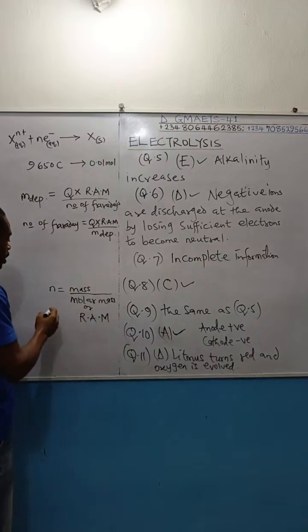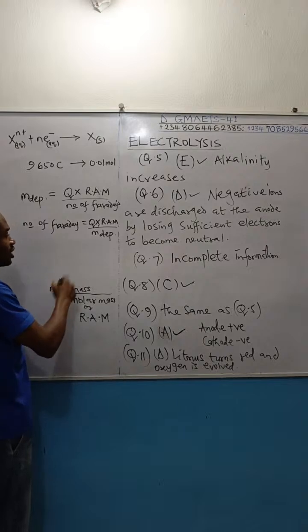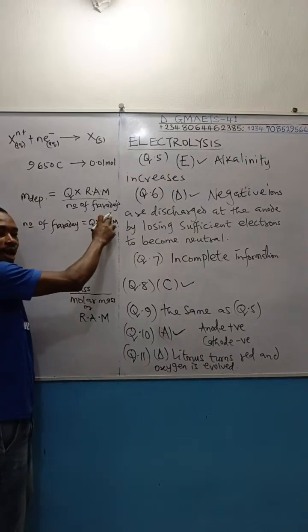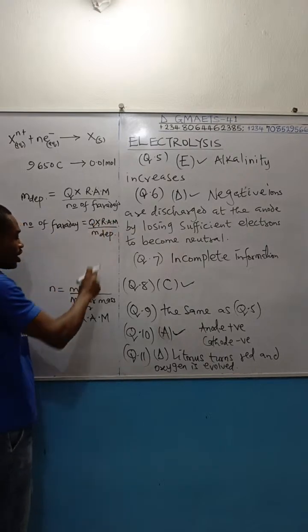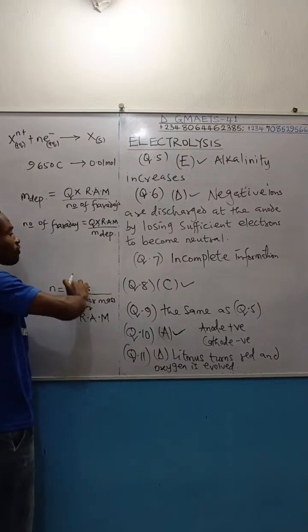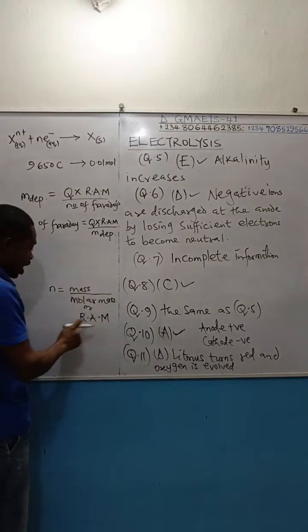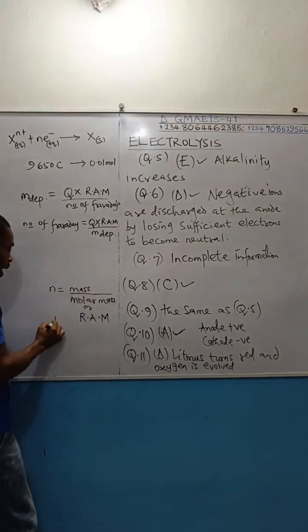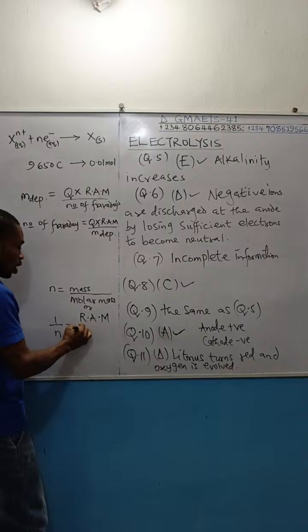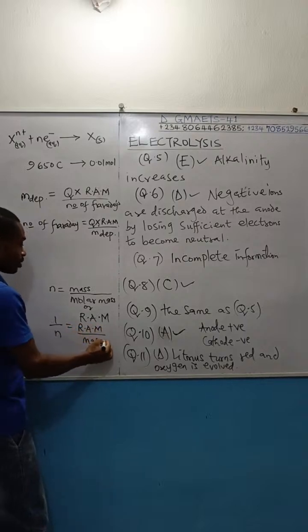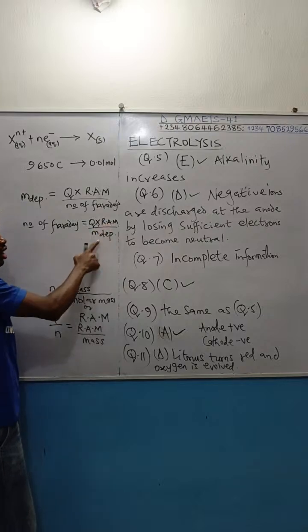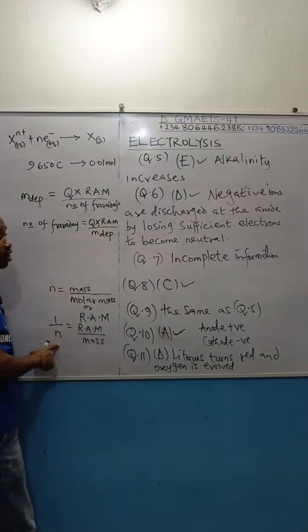So watch. If number of moles is mass over relative atomic mass, it means that relative atomic mass going up and mass coming down, this will now become 1 over n is equal to RAM all over mass, which is what we have here. RAM all over mass is equal to 1 over number of moles.